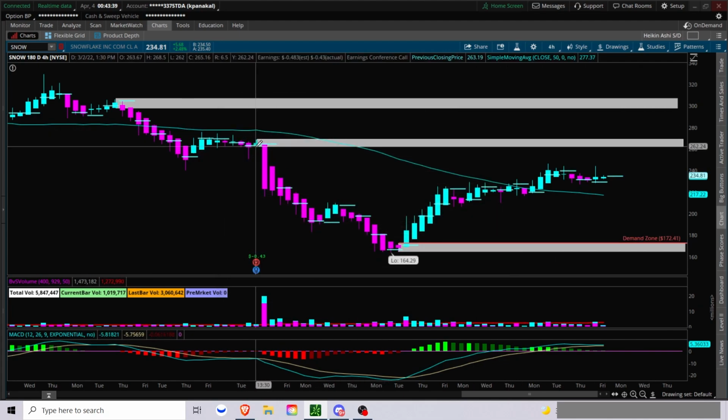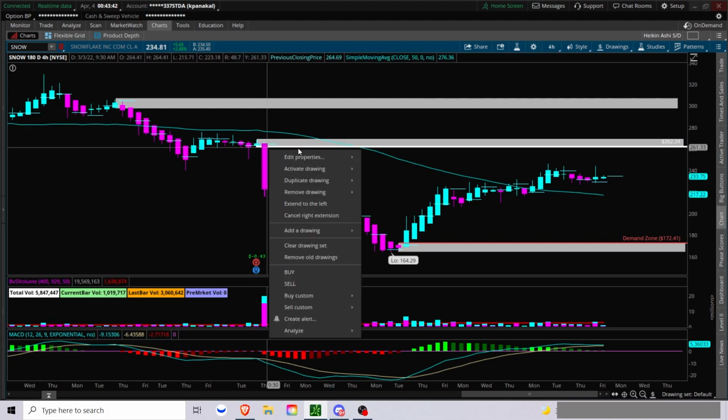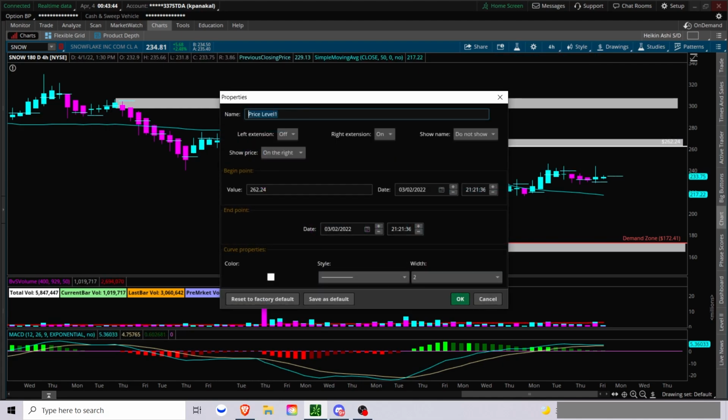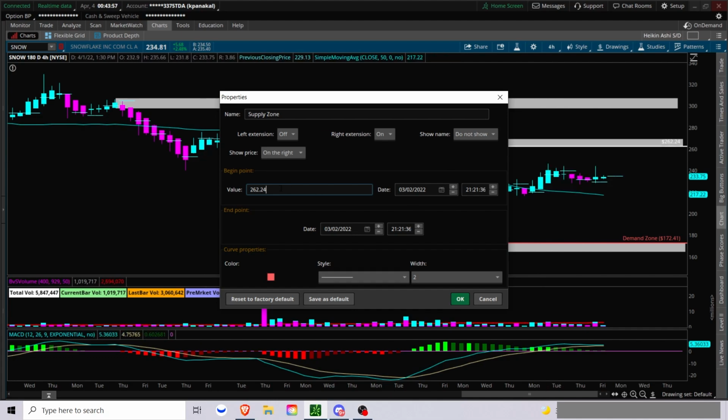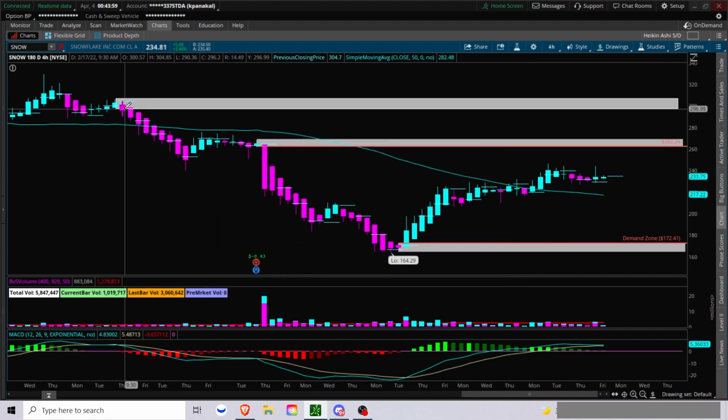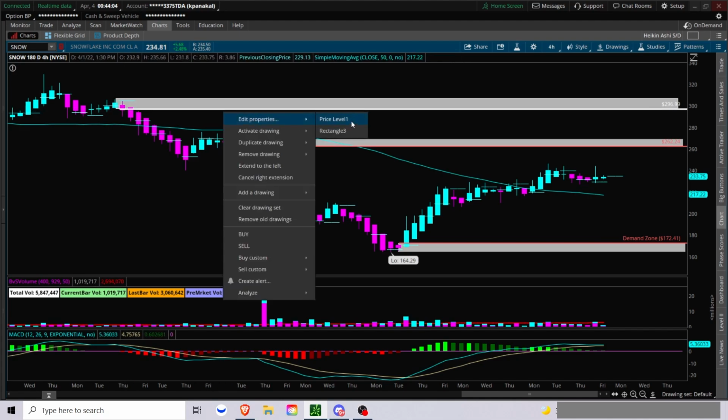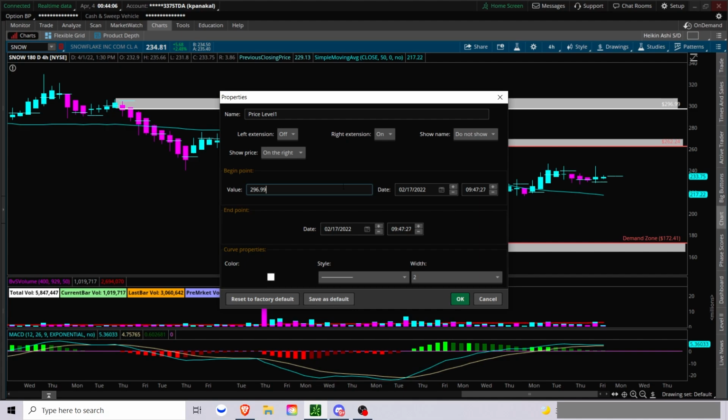Then we have the supply zone, which is from 262.24. And then there's this second supply zone, which is from 297.44.